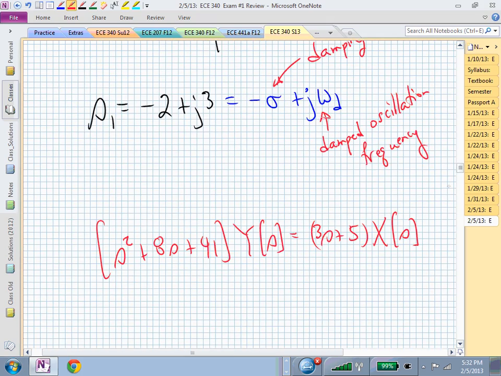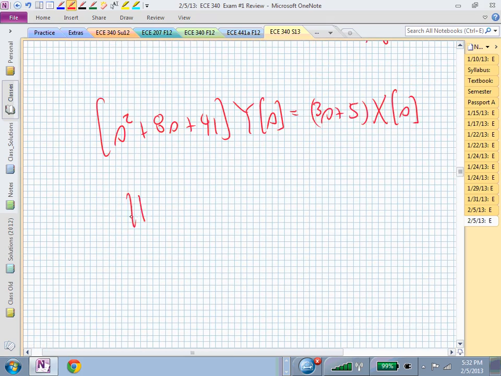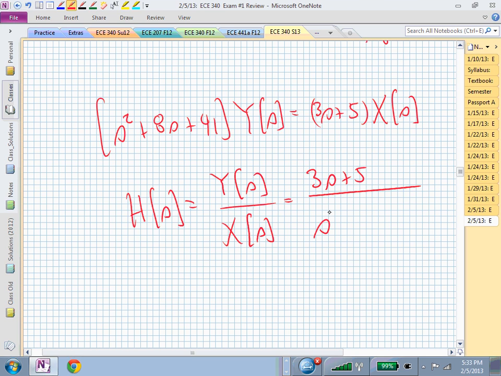Now if I ask you for the transfer function, that expression is important. Y of s over X of s is 3s plus 5 over s squared plus 8s plus 41. But if I ask you for the structure of the impulse response, h of t would just be determined by the roots of that denominator.